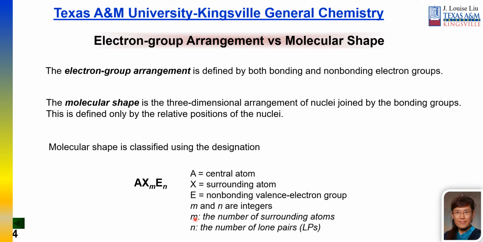The number m is the number of your surrounding atoms: how many surrounding atoms are in your VSEPR formula. Smaller n usually represents the number of your non-bonding valence electron groups. As I mentioned, it normally refers to the lone pairs, though in some cases it can be single electrons as well.